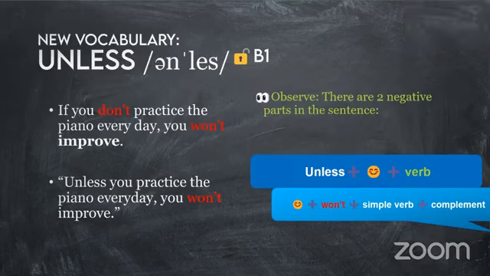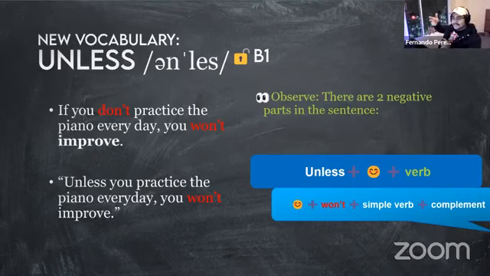You will be very fat. I will be very fat. And this is a consequence, no? Yes. If you change to unless, the consequence doesn't change. It's not negative. I will get very fat.